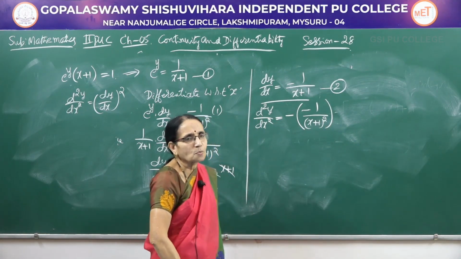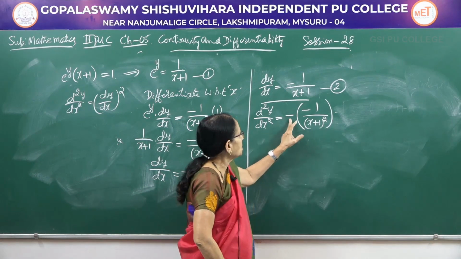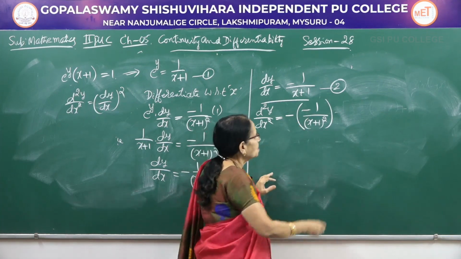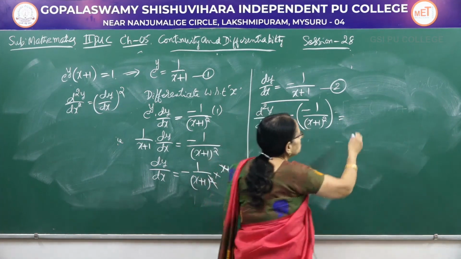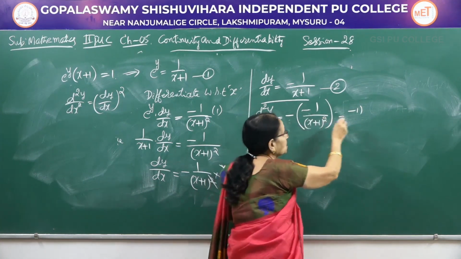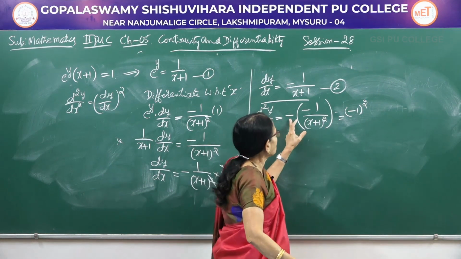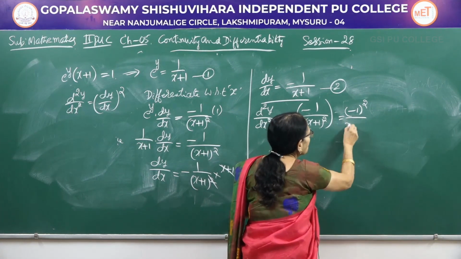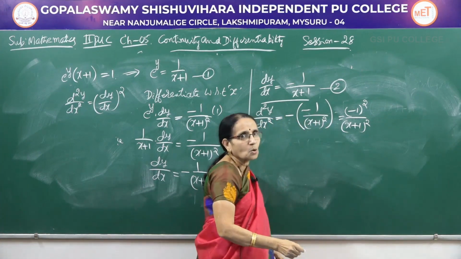Observe here, this is whole square. Minus is there, minus 1 you can take, and this is also minus 1. So how can you write this one? You can write this as minus 1 into minus 1. Actually, if you multiply minus of minus, plus 1, I am writing like this also. The value would be the same. Minus 1 is there, another minus 1 whole square, and the denominator is also whole square, that is x plus 1 the whole square.